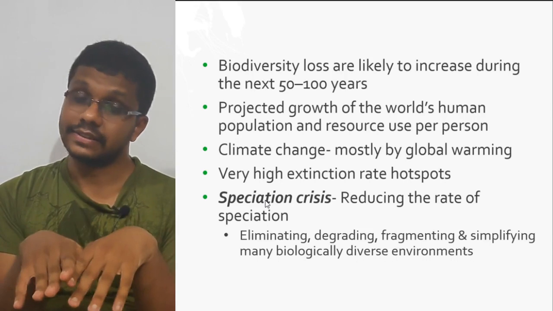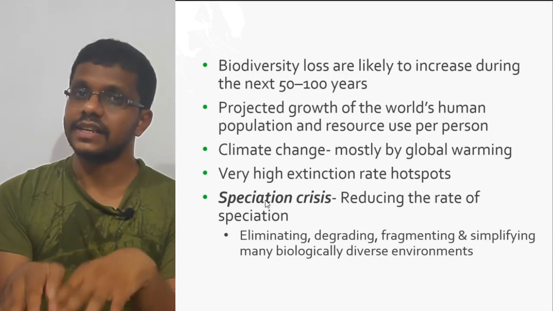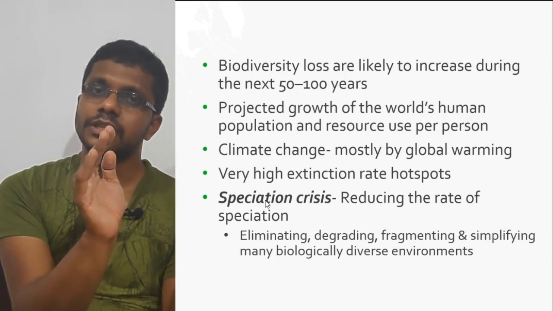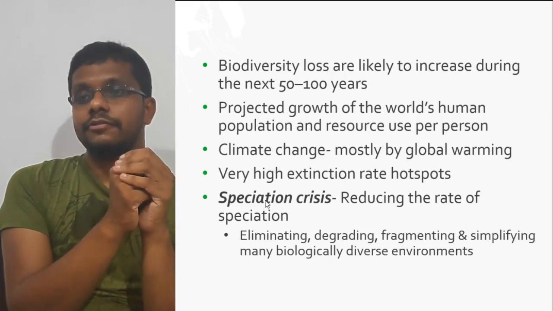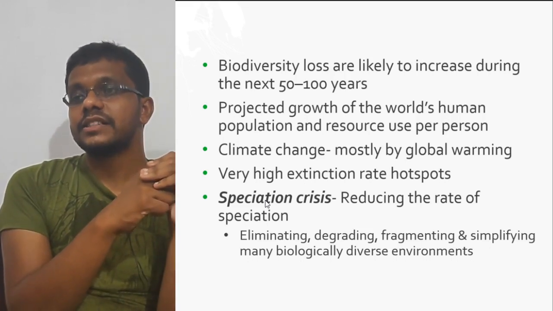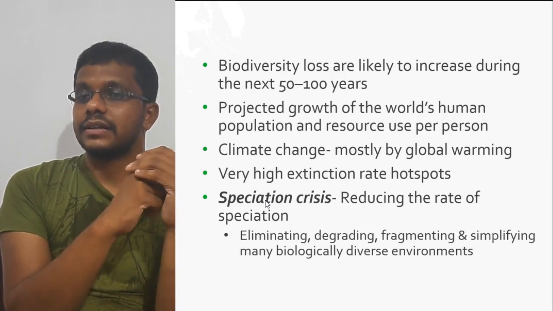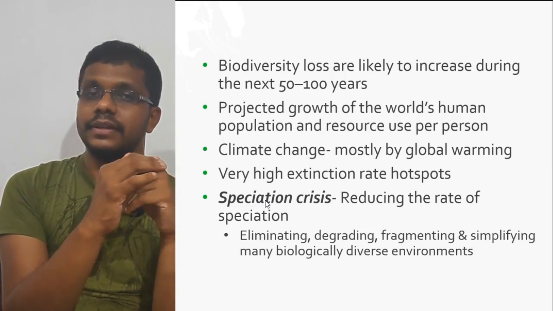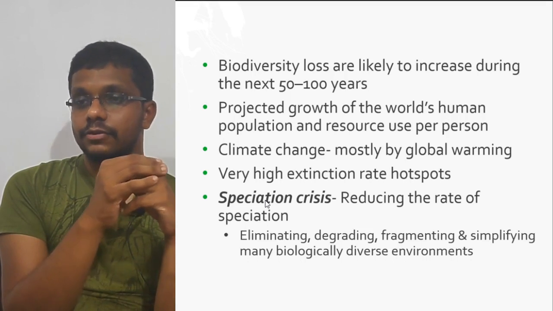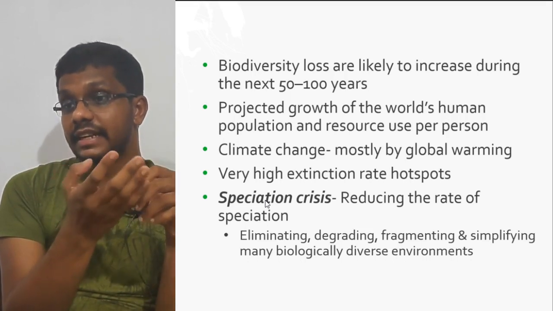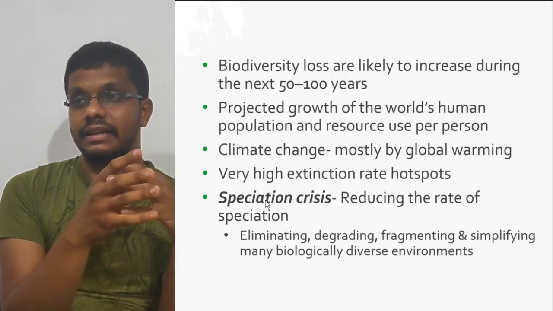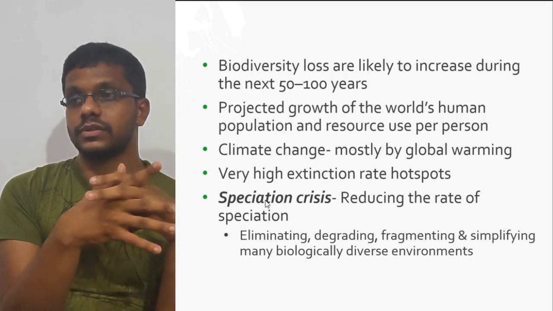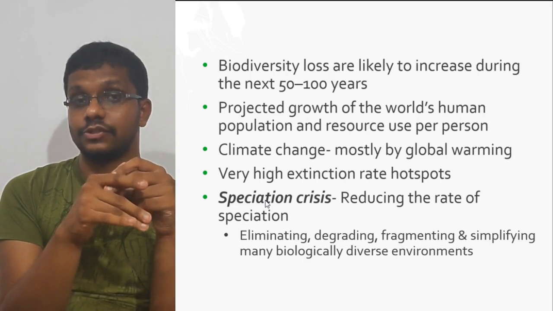But right now, because of human activities, biodiversity has reduced so much and the extinction rate is so high. Further, speciation is not happening like it used to, because we have eliminated, degraded, fragmented, or simplified biologically diverse environments like tropical rainforests, tropical coral reefs, wetlands, and estuaries.